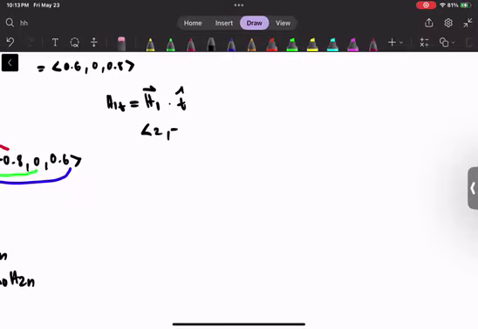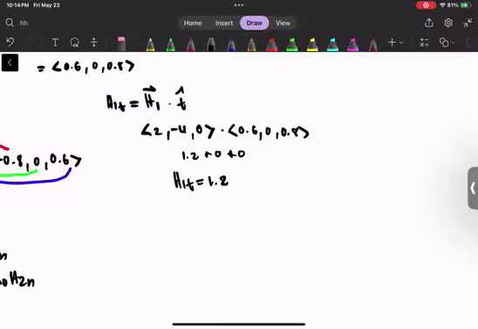That's the vector notation of our H field: -2, -4, 0, dot product with 0.6, 0, 0.8. Multiply these out, it's -1.2 plus 0 plus 0. So H1t equals 1.2.